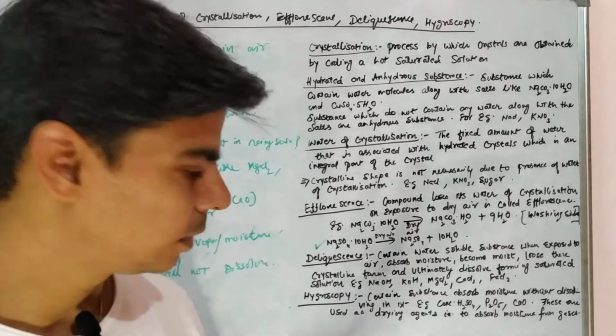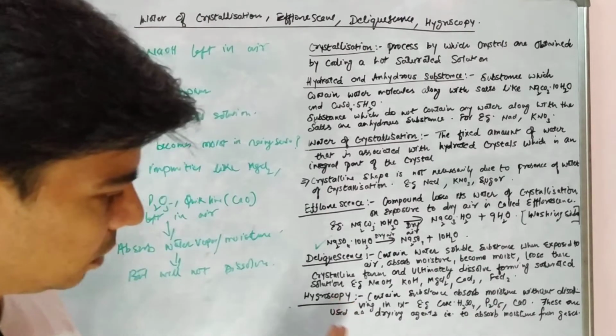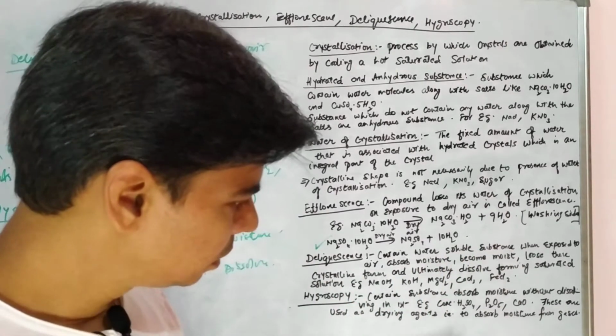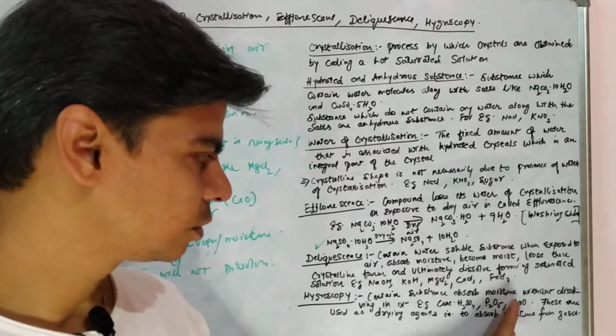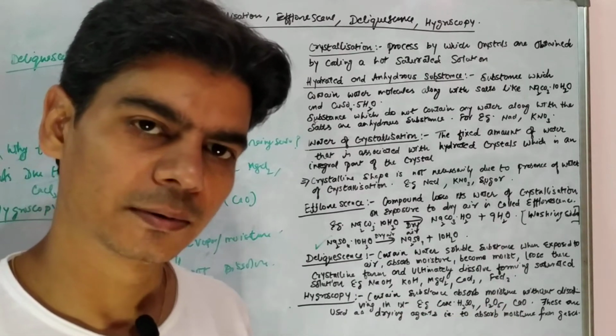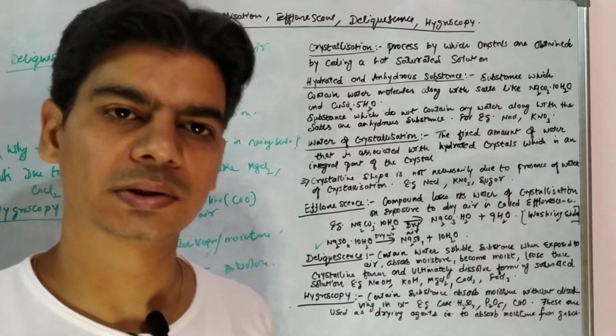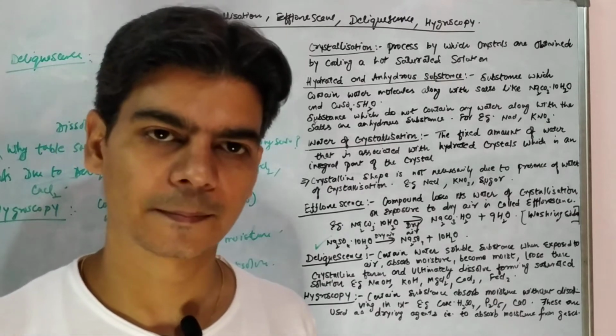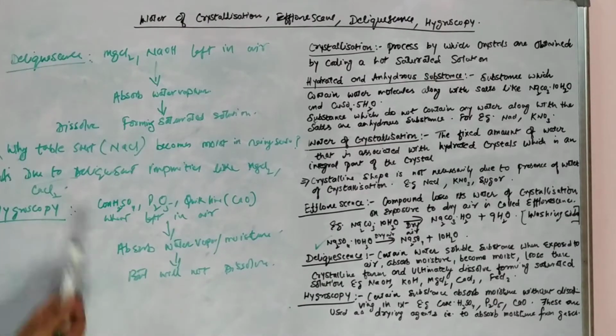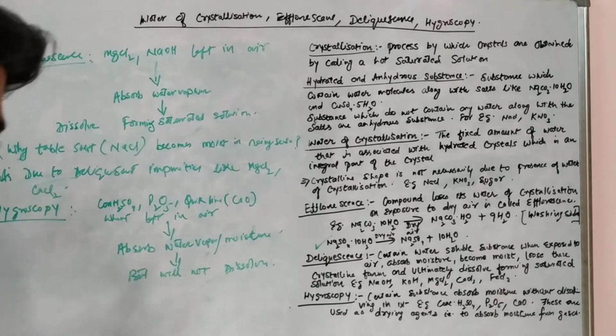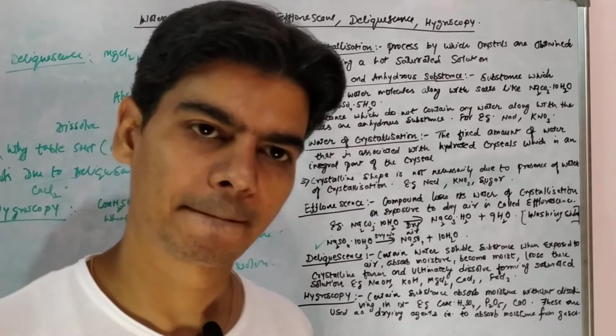They are passed over concentrated sulfuric acid, quicklime or phosphorus pentoxide to remove the moisture associated with the gases. So these hygroscopic substances are also used as drying agents.